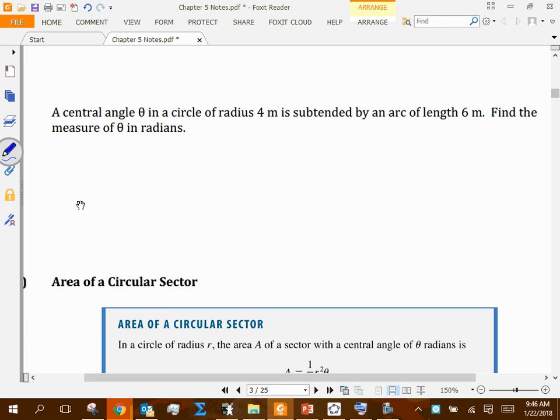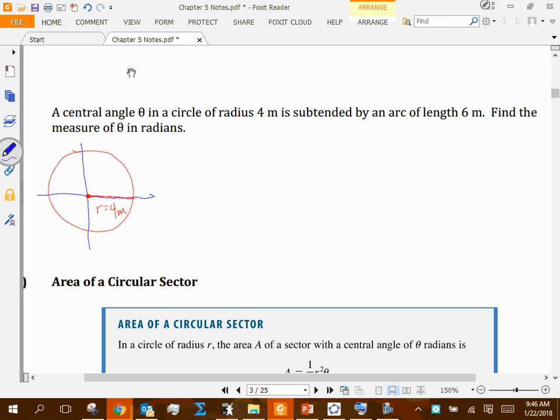So when I draw this picture, it says a central angle theta in a circle that has a 4 meter radius. So I draw my circle here. It says that radius there is 4 meters, so R is 4. It says it is subtended by an arc of 6 meters.